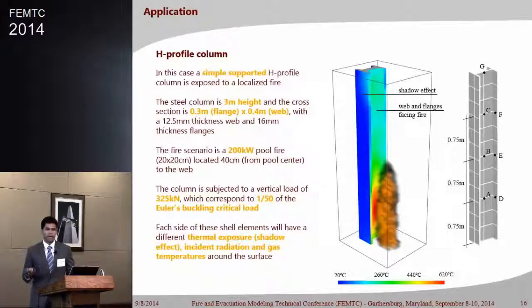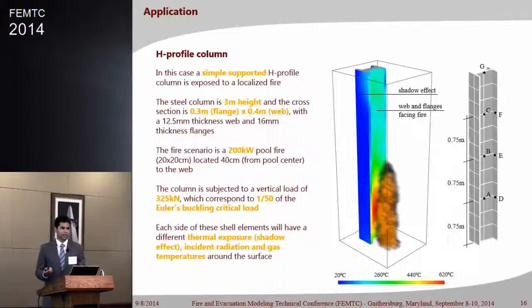By that, we want to have close to a uniform stress distribution in the column, and all the horizontal displacement will be generated due to thermal gradient. We are far away from the buckling behavior of this column. Another interesting feature about this example is that each side of the shell elements will have a different thermal exposure.